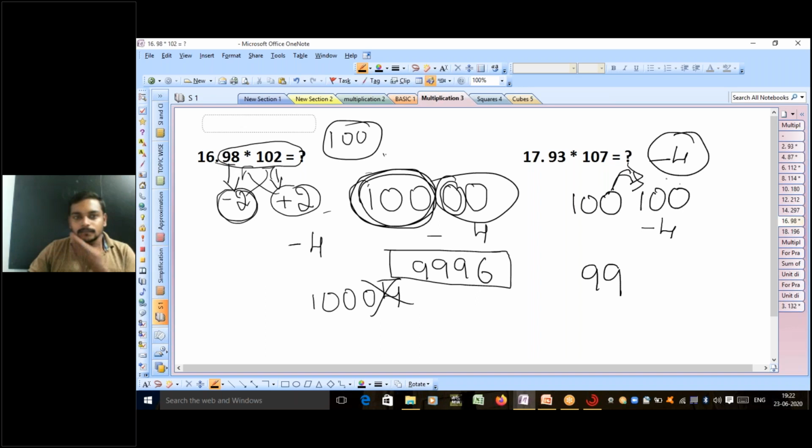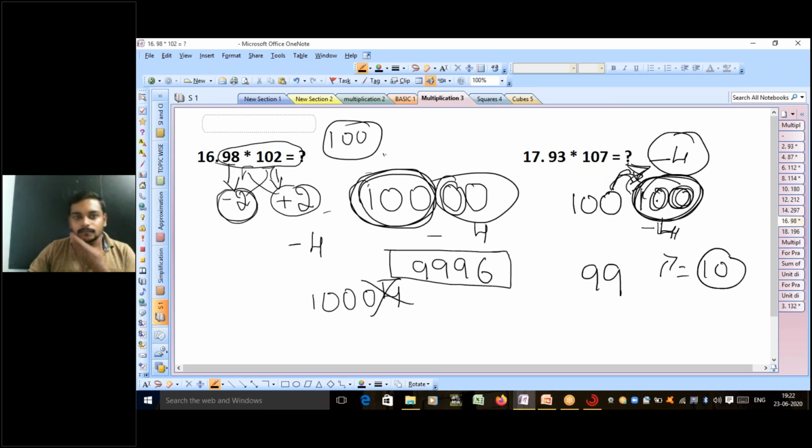So we have to subtract 4 from 100, not from 10. In basic calculation, a carry denotes the tenth place, but here it denotes 100.